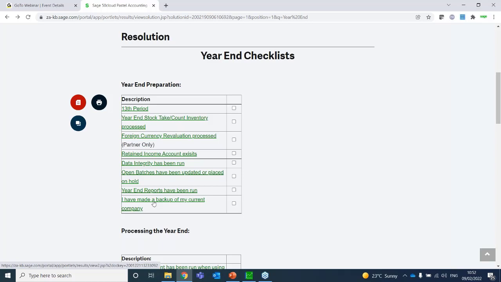You don't want everyone sitting twiddling their thumbs for 6 hours because it's taking 3 hours to back up and then it's taking 4 hours to run year end. Guys, you need to check the size of your data.